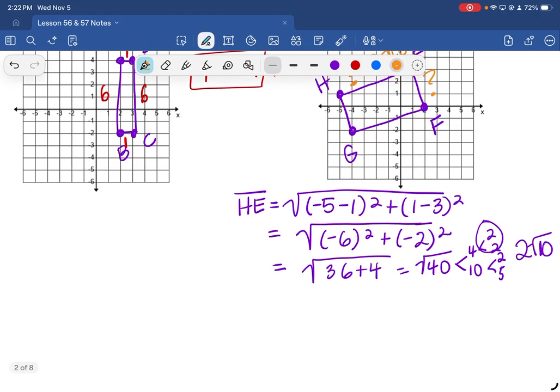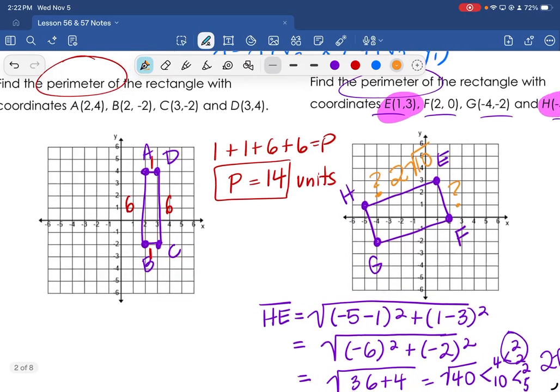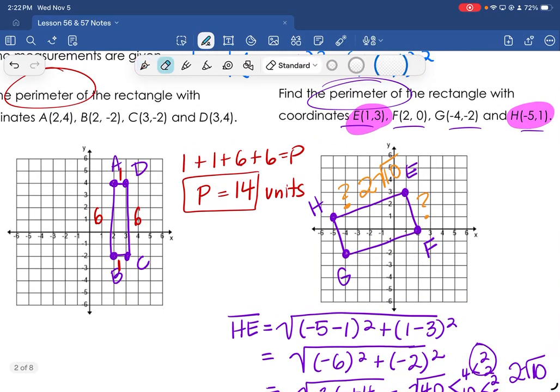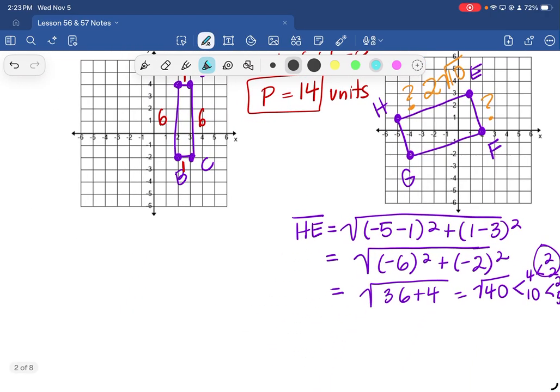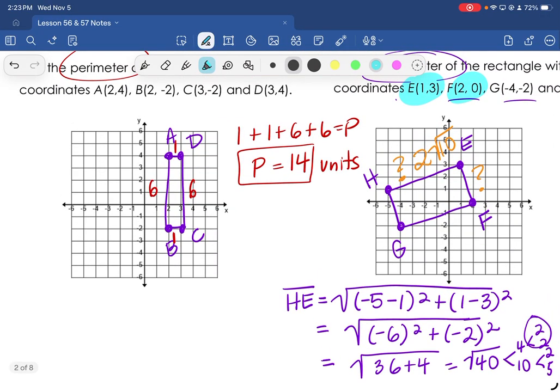All right. Just figure out EF. So let me erase this so I can use a different color. So E and F, because I need to know the distance of the width to find the perimeter. So let's do the exact same thing. I'll do it over here. EF. So what's that? 1 minus 2 squared?